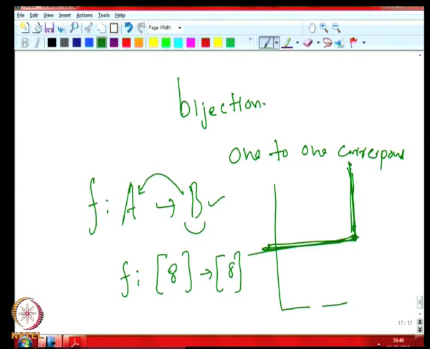Because if it is a bijection, f of i is uniquely defined, only one value is there, so a rook is sitting there, and in any column, if you consider the jth column, you cannot have two rooks sitting in the column, because if there were two, then that means that two different i's, say i1 and i2, are such that f of i1 is equal to f of i2 is equal to j, right.